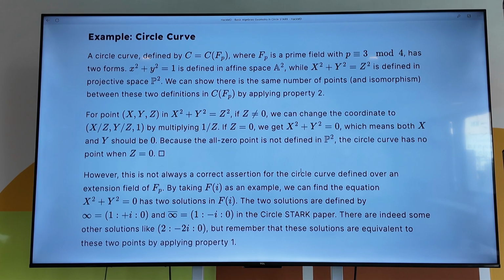The two solutions are defined in the paper as infinity and infinity bar, and these two points can be calculated very simply. And if you find some other solutions like 2, minus 2i, 0, that point is equivalent to infinity bar.